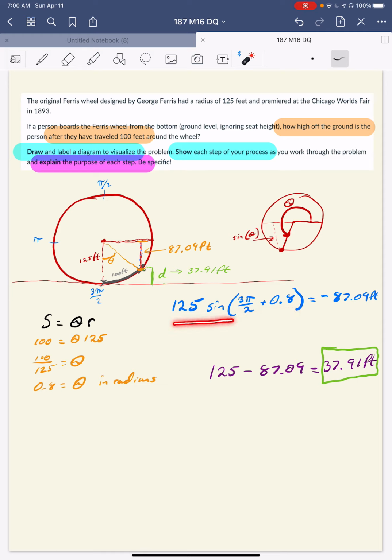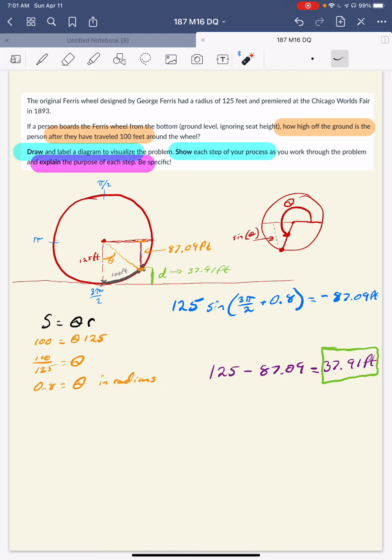Then I used the sine function to find the vertical distance from the horizontal. And then I used just the fact that the radius was 125 feet and that I was 87 feet below the horizontal axis. Sorry about that. And to find out my total distance above the ground is 37.91 feet. All right, I hope that helps.